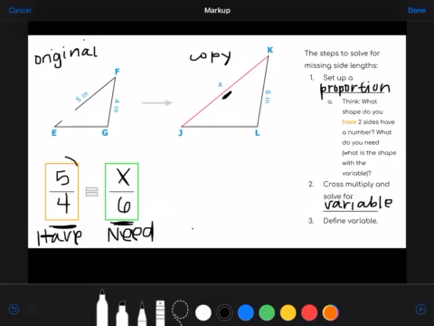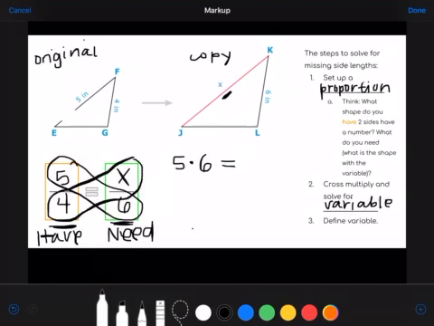So to do that, I'm going to cross multiply 5 times 6 and set that equal to 4 times X. So I have 5 times 6, which is equal to 30. Going to bring down my equal sign. And then I have 4 times X, which is just 4X.